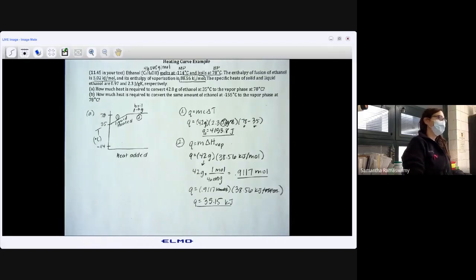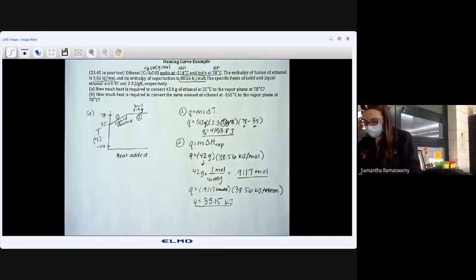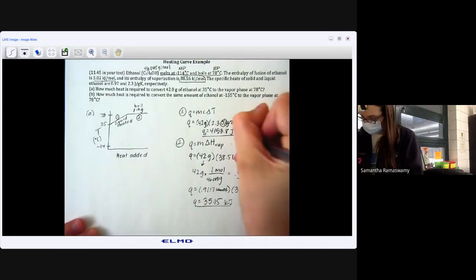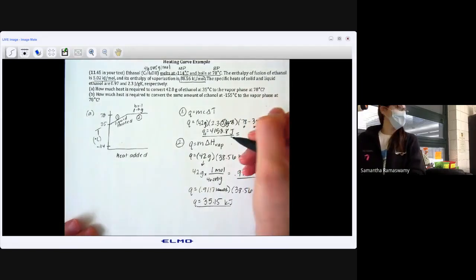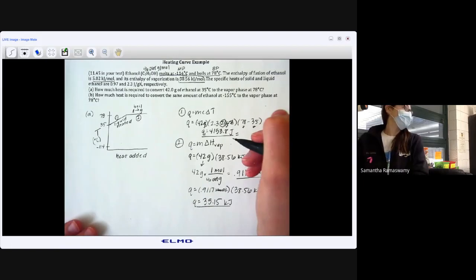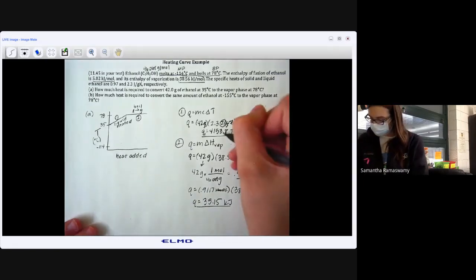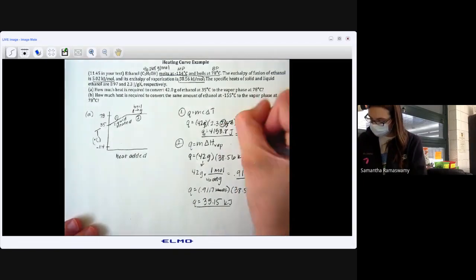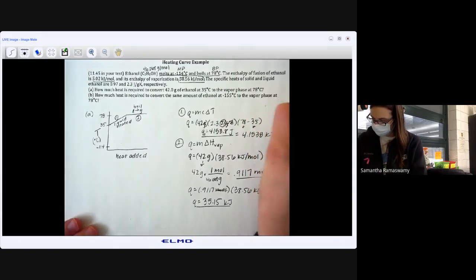Always check your units. Now, many people can just move the decimal over, right? Divide it by 1,000. I'm going to do joules to kilojoules. Otherwise, you're going to have a huge number. So 1, 2, 3. This is actually 4.1538 kilojoules.